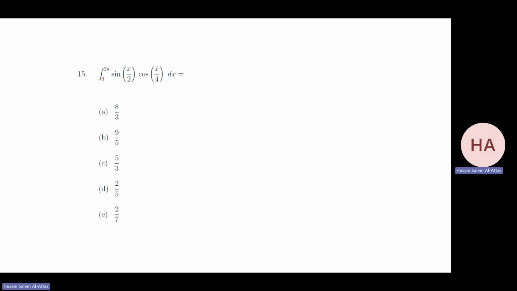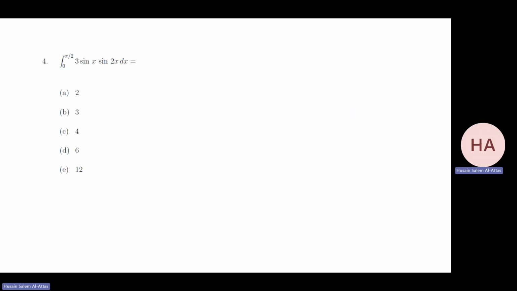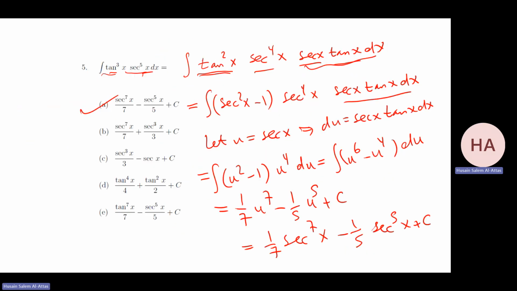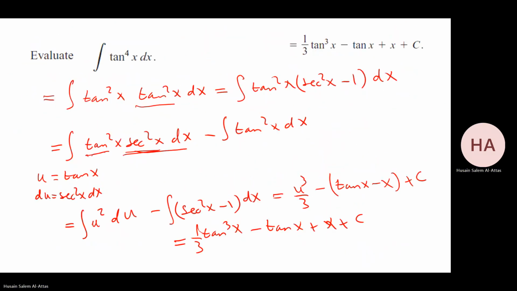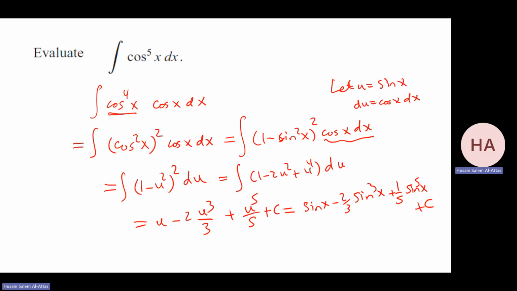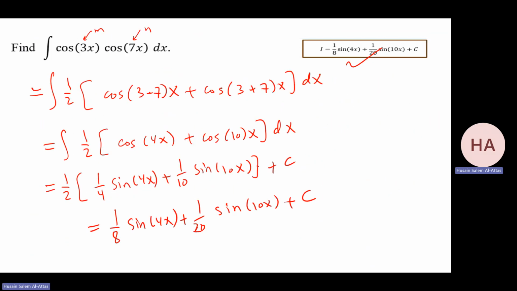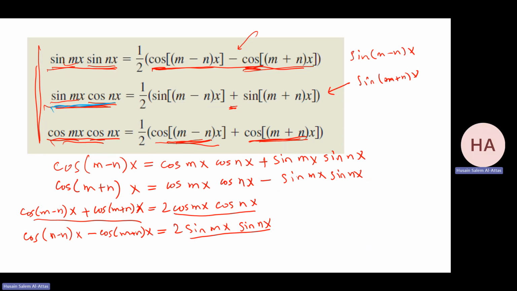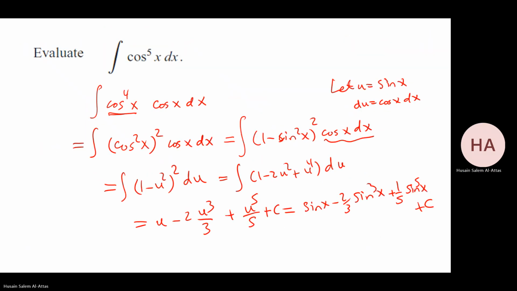Sine cosine, but you have this as a fraction. Who cares? Think of it as sine of something. If I have sine cosine, just to remind you what we did, I need to change the angle. It will be half sine the difference plus sine the sum.